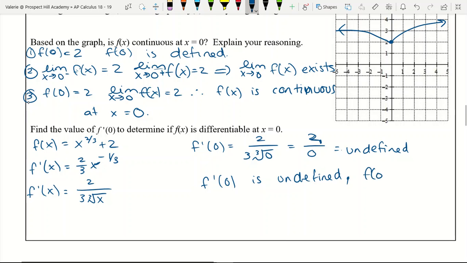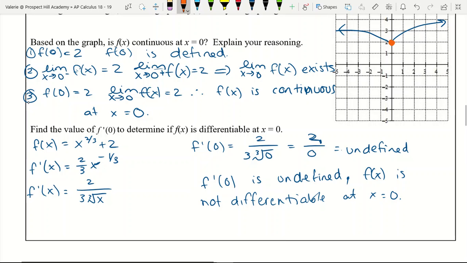So f of x is not differentiable at x equals 0. Okay, and the reason for this, if you look at the graph, is because we have this cusp here. So we call this a cusp.